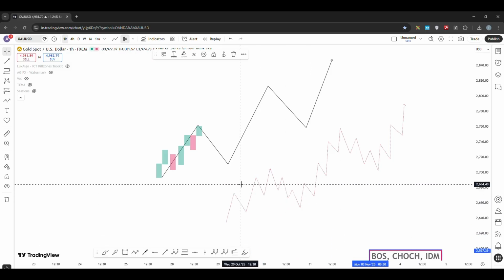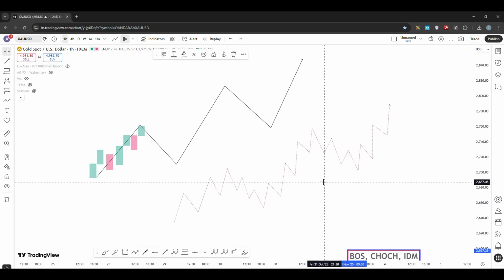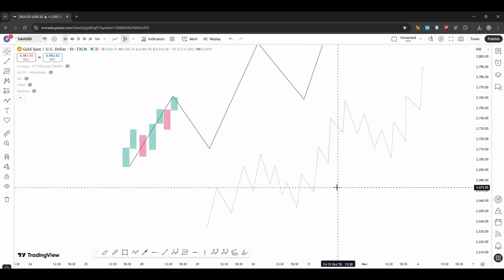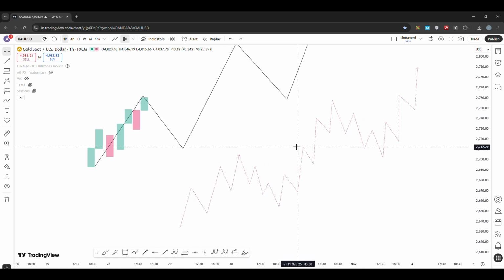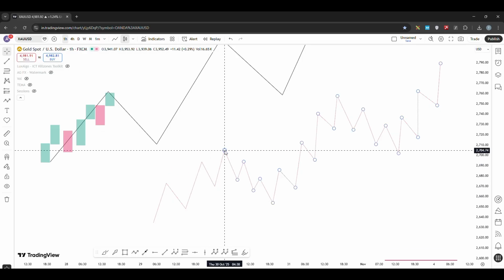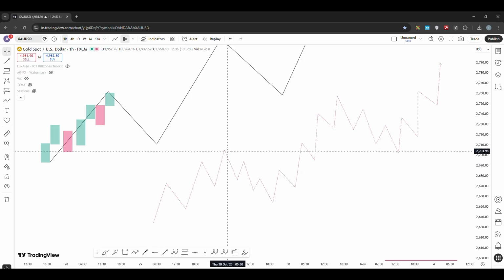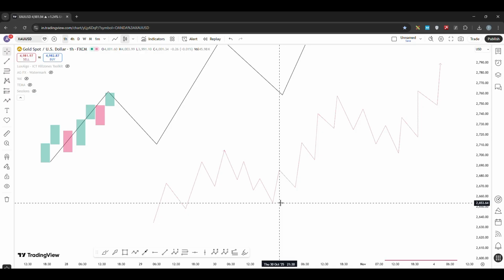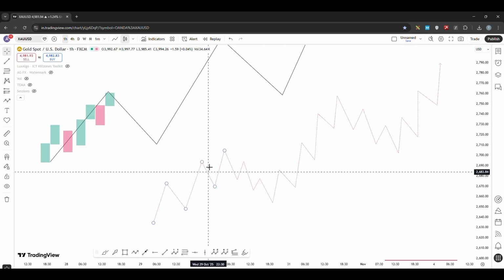So now let's zoom in on the internal structure and try to understand. Once you look at the internal structure, what do you see? You see that the market has created this high, right? And after that the market starts to drop. Now look very carefully.